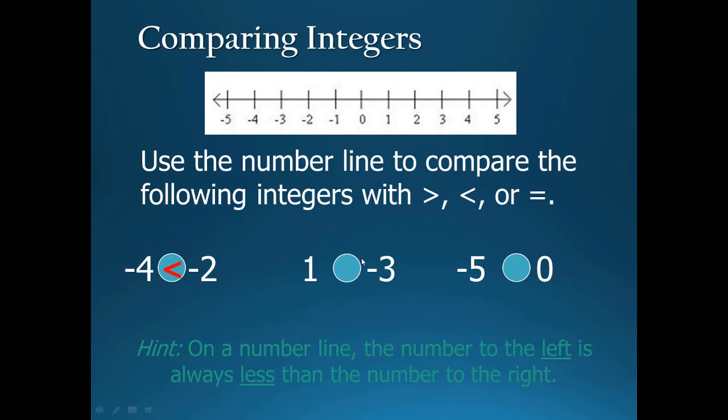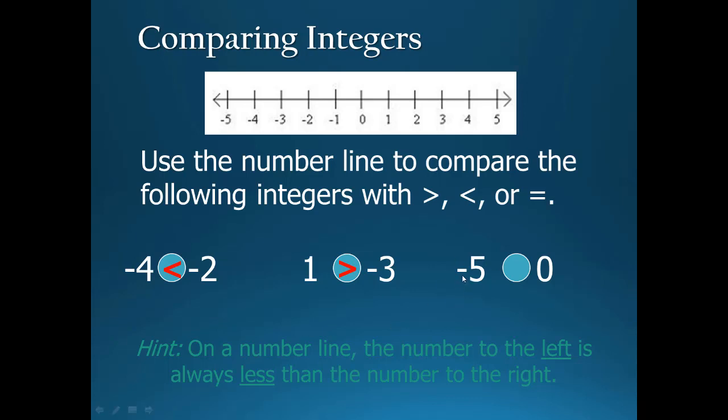How about 1 and minus 3? 1 is right of minus 3. So we can say that 1 is bigger than minus 3, or 1 is more than minus 3.